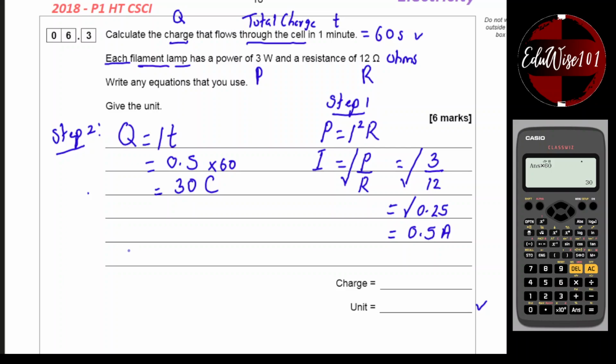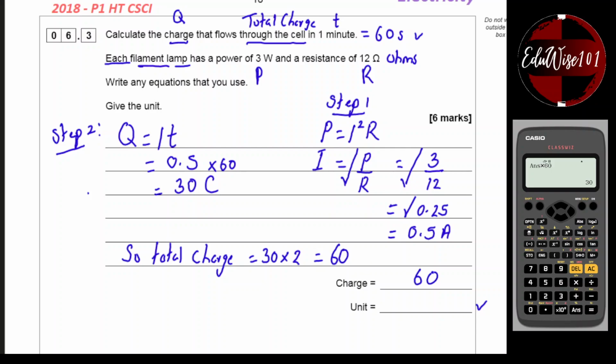Right, so total charge is 30 times 2, because what we found is either I1 or I2, which is the same. So you need to multiply that by 2 to get 60.